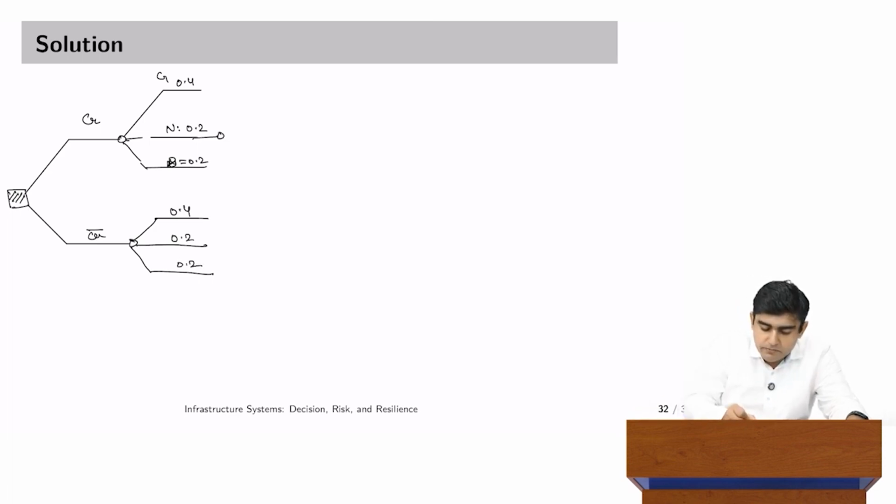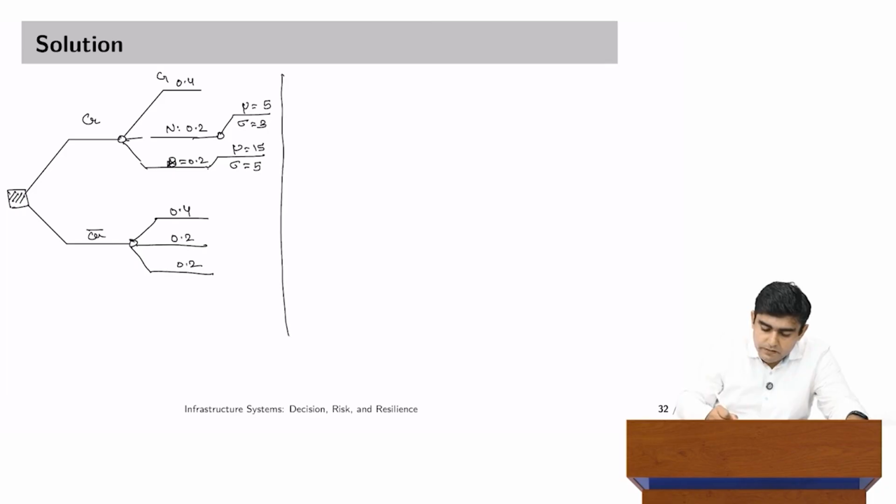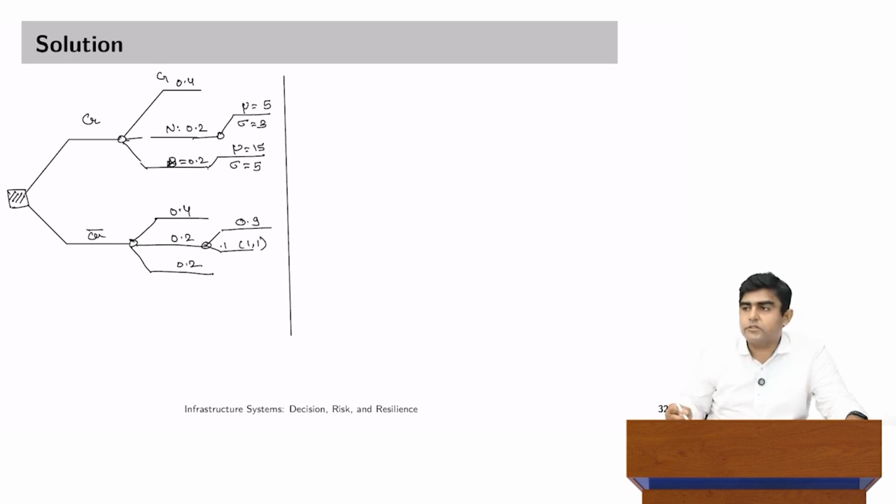Now when weather is normal, again I have to account for two more parameters, that is mu is equal to 5 and sigma is equal to 3. Here I have to account for mu is equal to 15 and sigma is equal to 5. Here I have two branches further. One is that there is 90% chance no delay is going to happen, and 10% chance I have to deal with two parameters, 1 and 1 each.